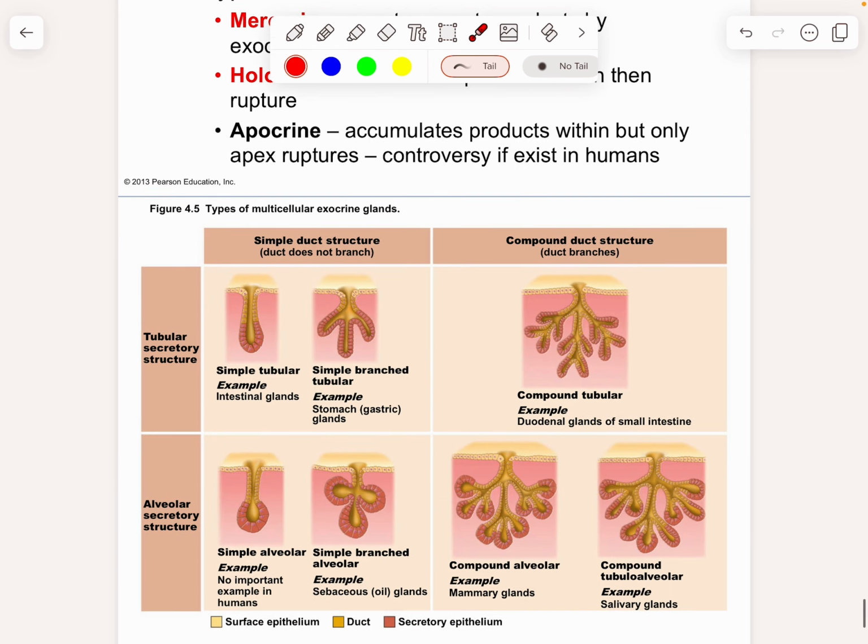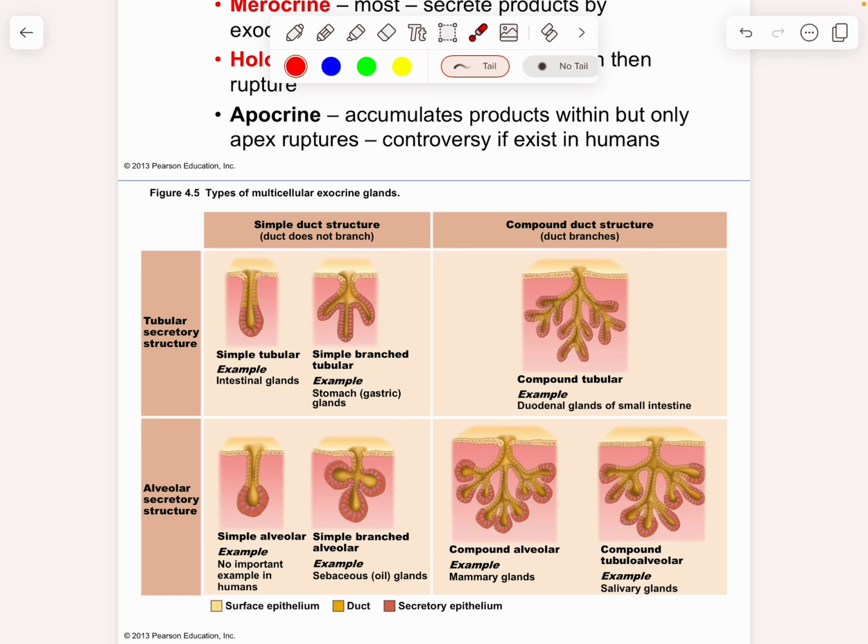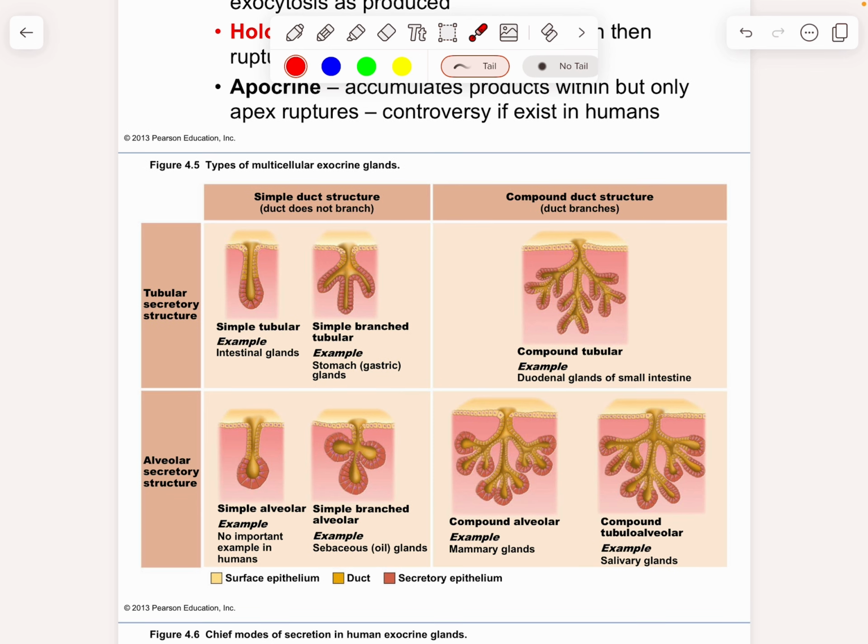Okay. So here are our different structures. We have a simple duct structure. This is just a simple tube. It's not branched. Here we have a simple branched but tubular structure.